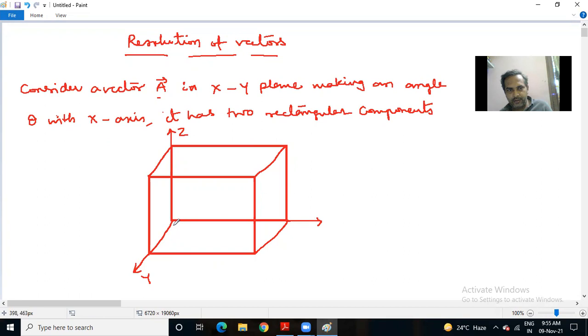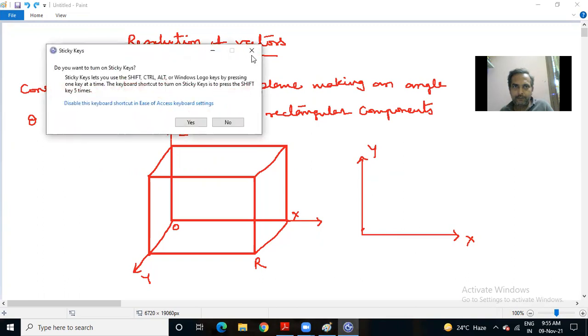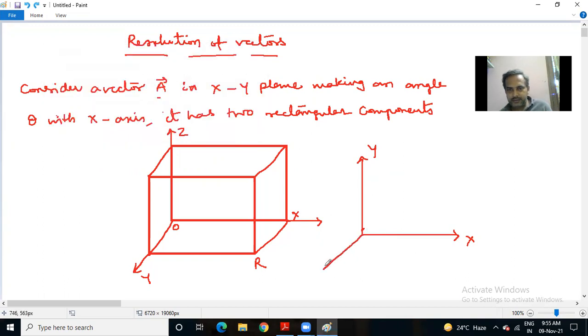This is the XY plane. The same thing you try to understand in this way. This is going to be the y-axis, this is going to be the x-axis, and this you consider as the z-axis. But of course, when you talk about moving in the plane, you don't need to consider the z-axis right now.